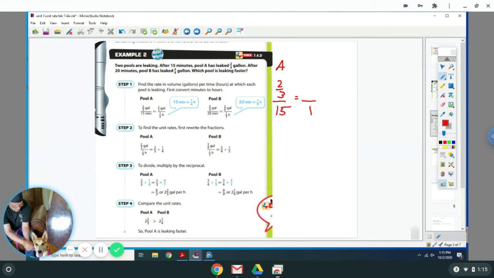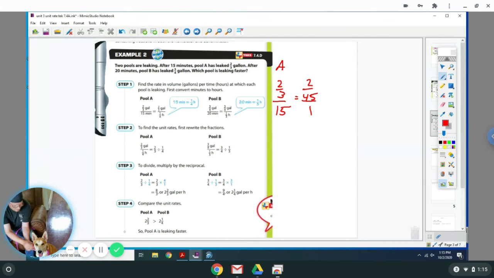So what I'm going to do is take 2/3, or you can just do 2 divided by 3, and get 0.66 repeating, and then divide that by 15 minutes, and you get 2 over 45. So it means that they're leaking 2/45 every minute.